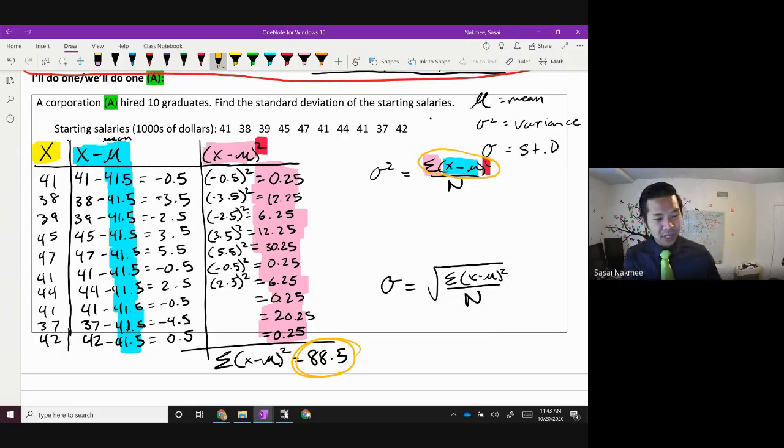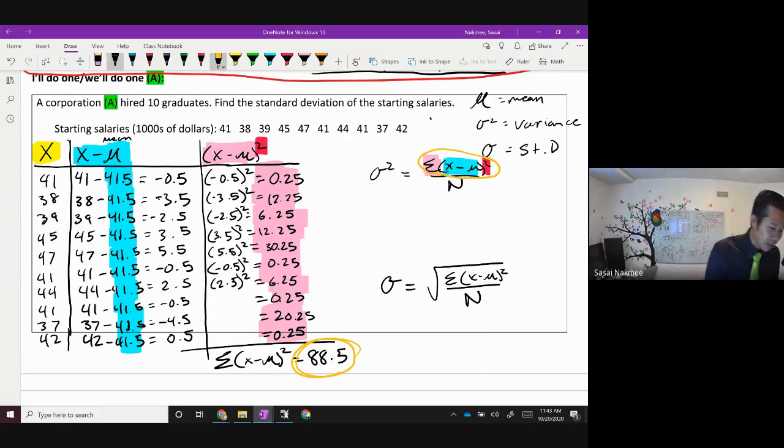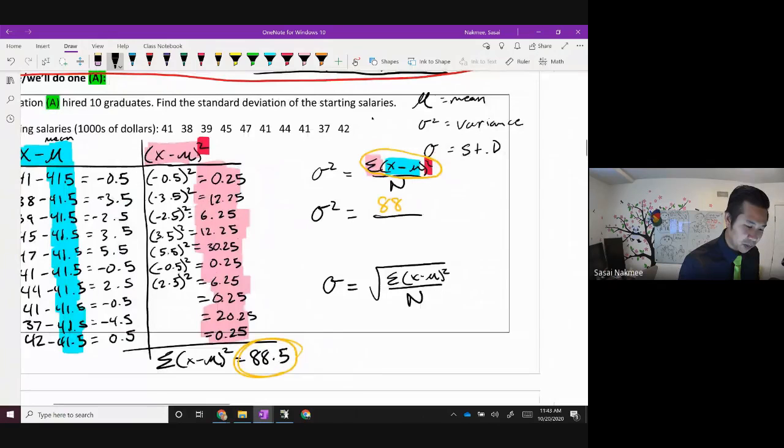The reason why I do this table is it's easier to organize it. That whole thing represents this whole table of work. So when I'm trying to calculate the variance of my population, I simply write down the work that I have here, which is 88.5 divided by n. And n, I need you guys to see, I should write this off on the side somewhere.